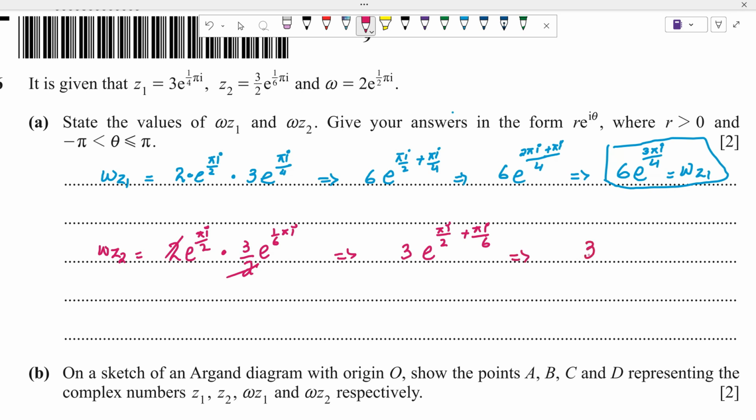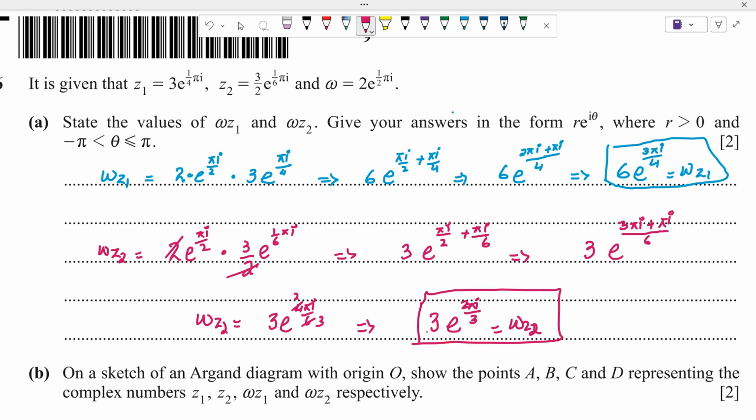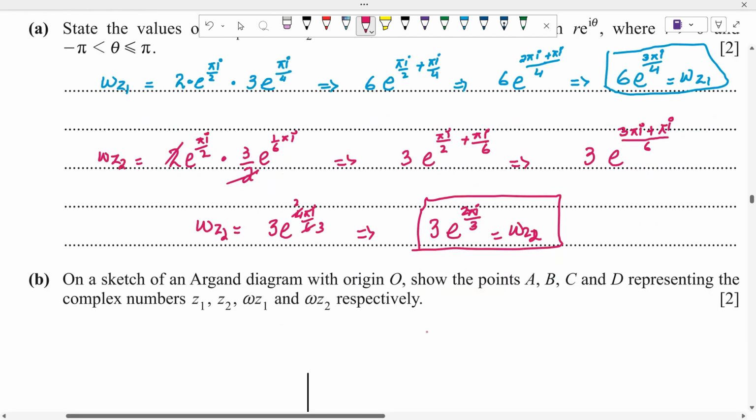Further solving, taking LCM 6, this will be 3 pi iota plus pi iota. So omega z2 is equal to 3 times exponential of 4 pi iota over 6, and this will be equal to 3 exponential of 2 pi iota over 3, which is omega z2. We have calculated omega z1 and omega z2. Let's move to part B.